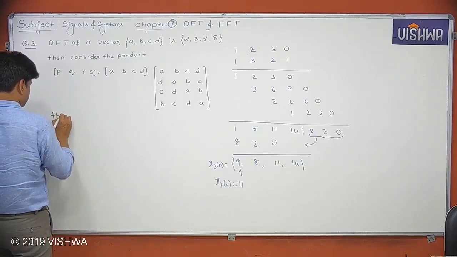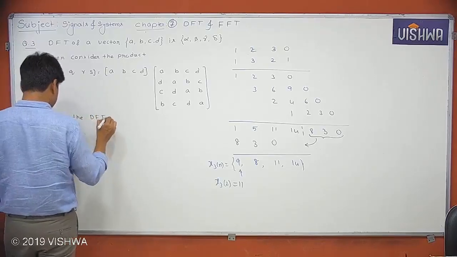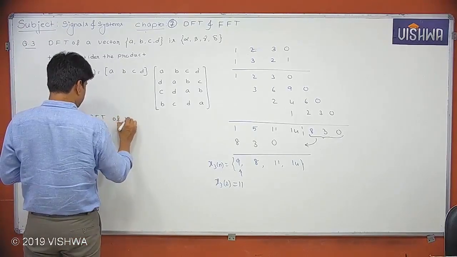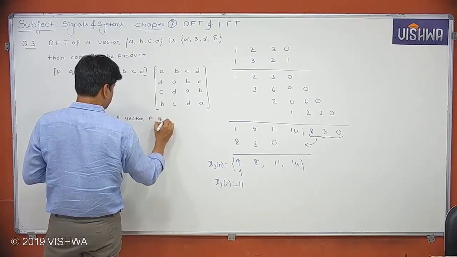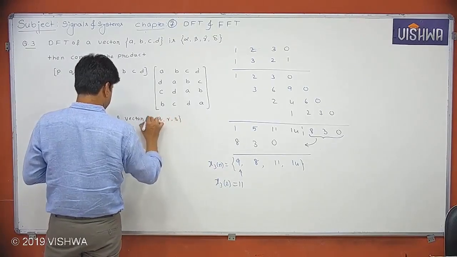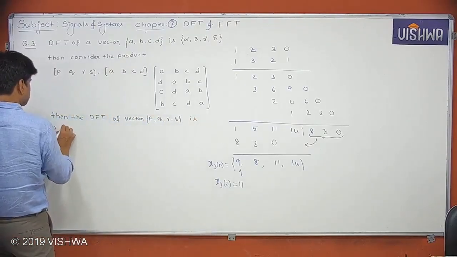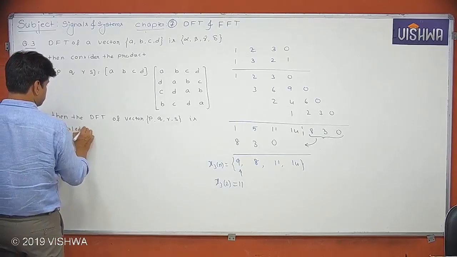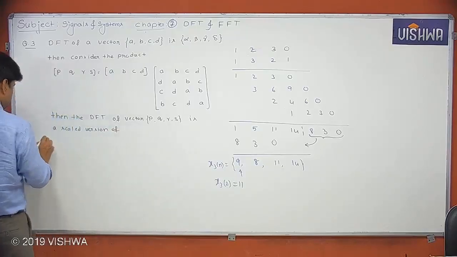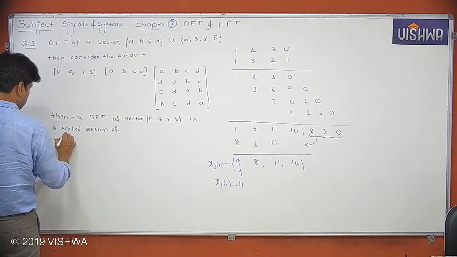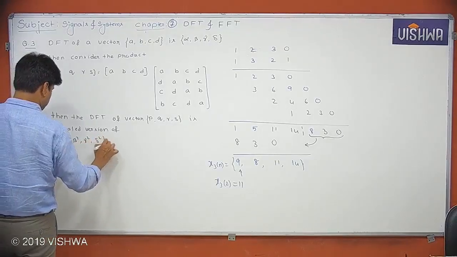Then the DFT of vector P, Q, R, S is a scaled version of which option? Option A: alpha square, beta square, gamma square, delta square.